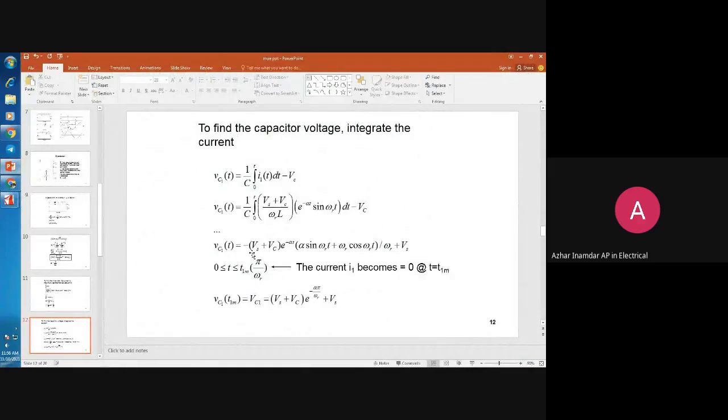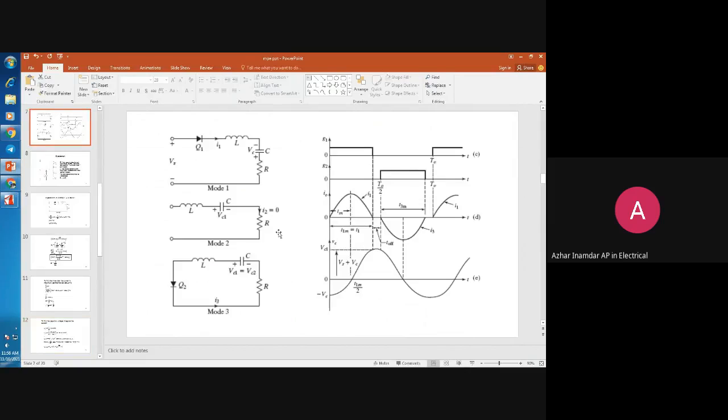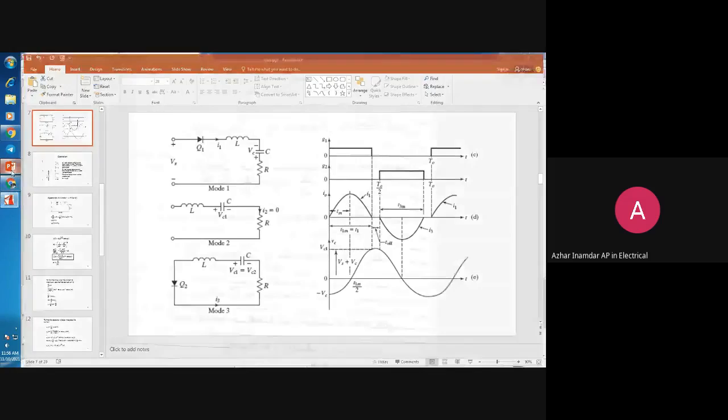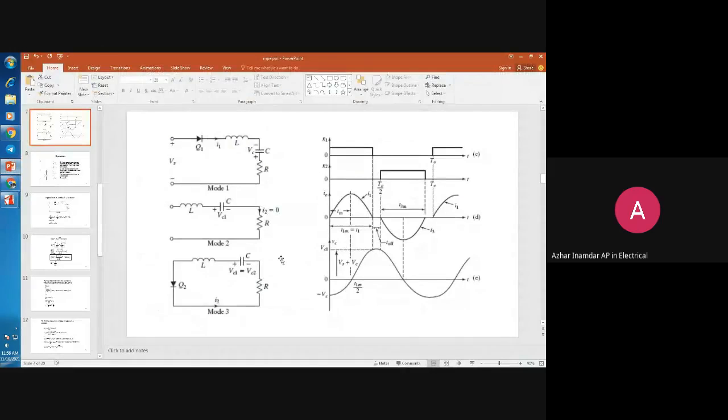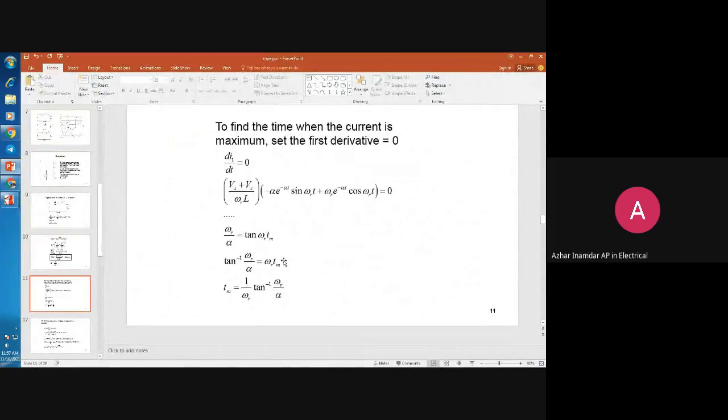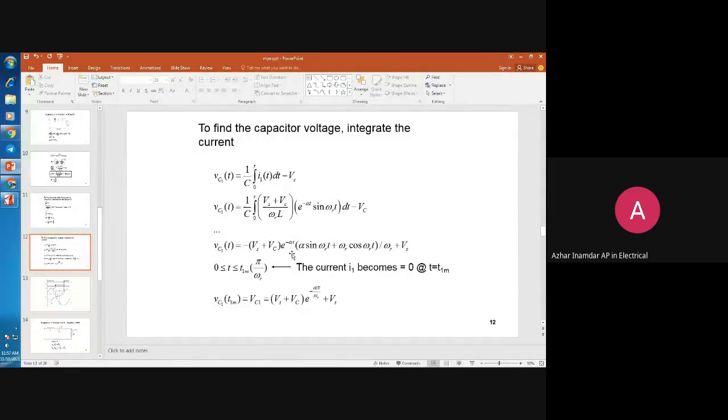This mode 1 is valid from 0 to T1m. Also this mode 1 ends when I1 of t becomes 0 at T1m.